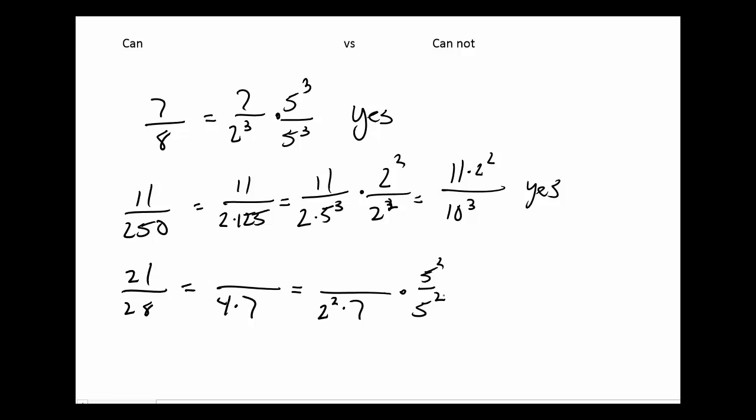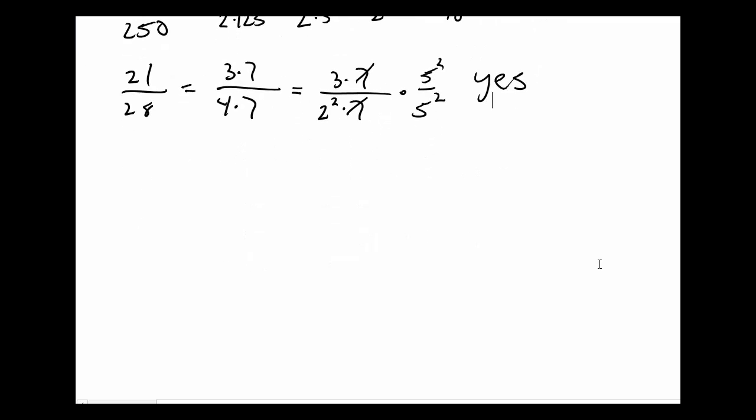Now I'm going to look at the numerator. 21 happens to be 3 times 7, right? Now, what do you notice? Both numerator and denominator have 7s, so they can divide out, and I'm left with some power of 10 in the denominator, so that's a yes. It seems like we're getting a bunch of yeses so far. Let's look at one more.